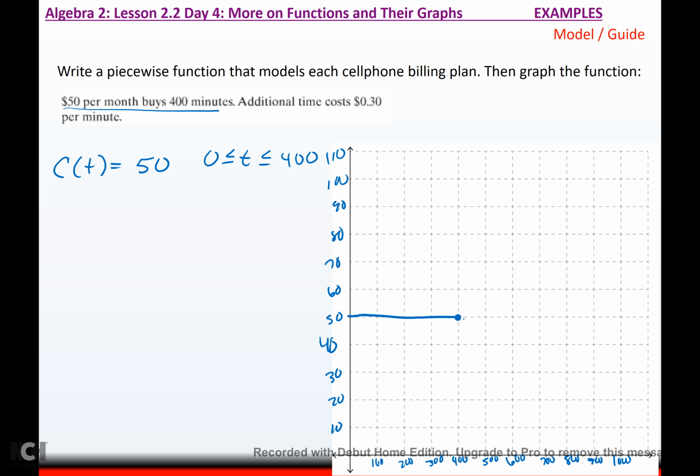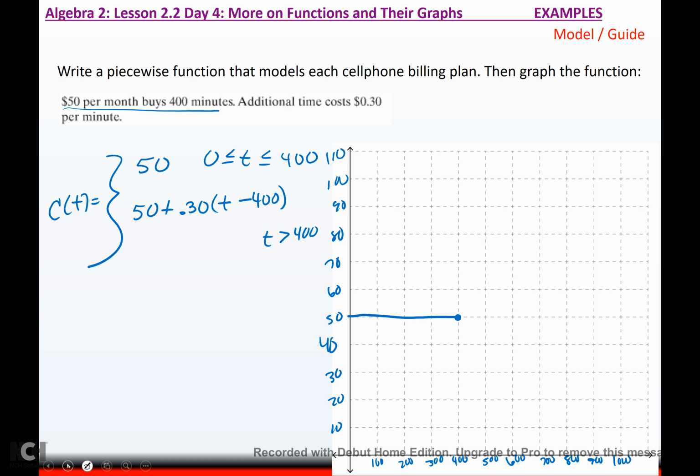Now, anything over 400 minutes costs you 30 cents extra. So my second piecewise function, you write C of t equals, and then you do this. There's your top one. It equals the $50 plus an extra 30 cents for any time over 400 minutes. And that's for time greater than 400.